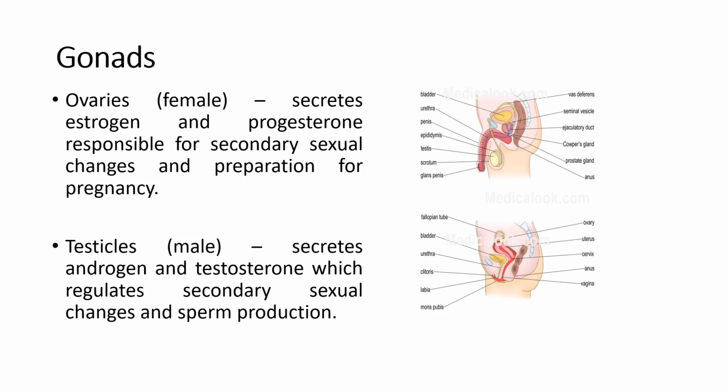Okay, so that is the function of the hormones estrogen and progesterone. Now, how about for male? It secretes androgen and testosterone, which is also responsible for secondary sexual changes, those physical changes that happen during the time of puberty among males, and also it regulates the production of sperm cells.